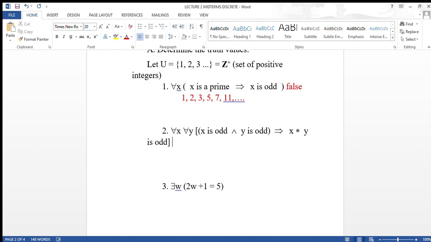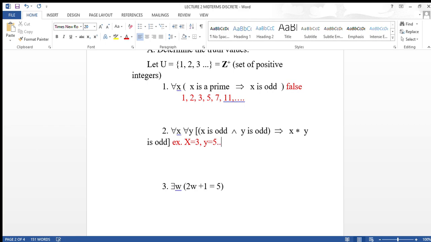So just to illustrate, let's say your x is positive 3, your y is, let's say, positive 5. So let's just take an example. We will say x is 3 and y is 5.